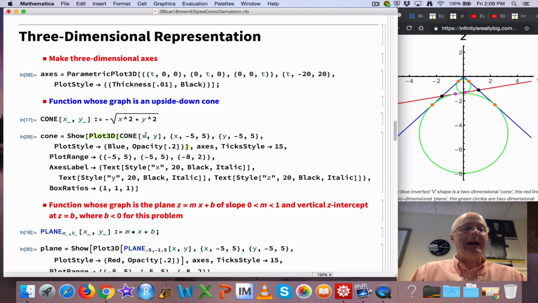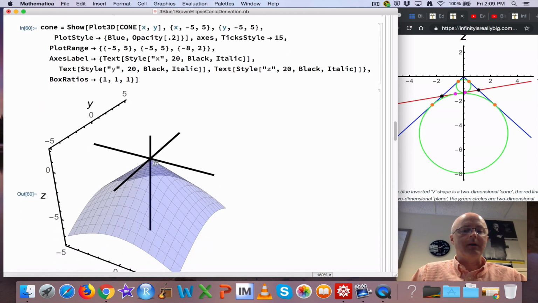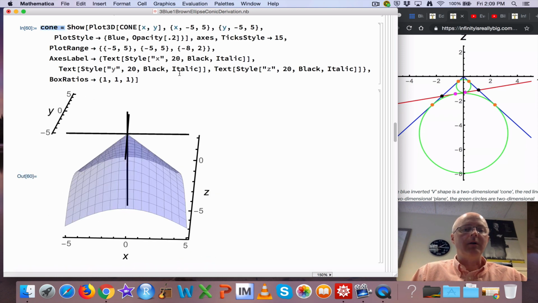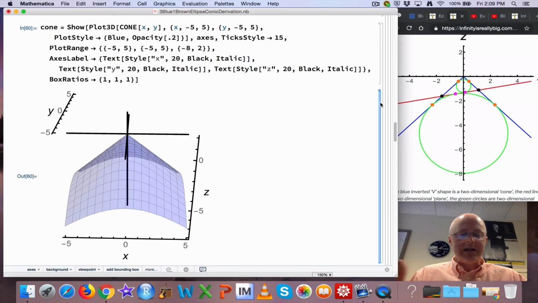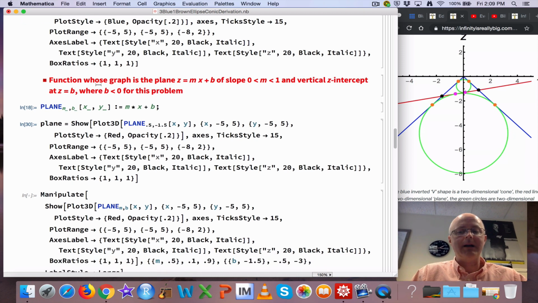I can enter that and I can see its graph. There it is. I've stored this graph in a variable I've called cone, and I can re-access that variable without retyping all this stuff. That's the benefit of setting the graph equal to a variable, which seems funny, but it's a capability of Mathematica.